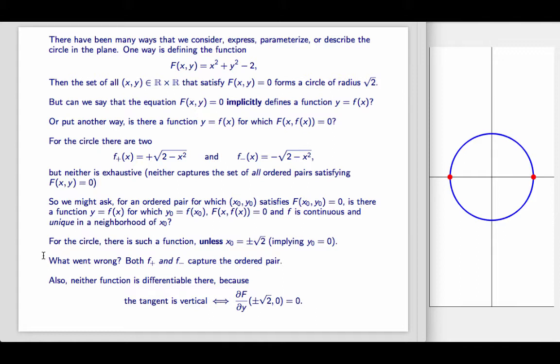Furthermore, we would like for the function to be continuous and even differentiable, but neither is differentiable at those red points because the tangent line at those points is vertical, which is to say the change of big F with respect to y at that point is 0. In other words, the rate of change in the y or vertical direction is 0. So that's what went wrong.